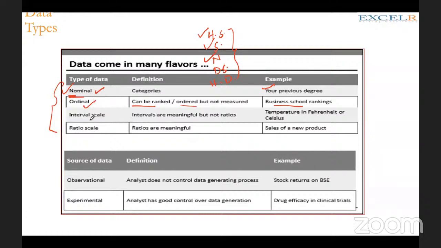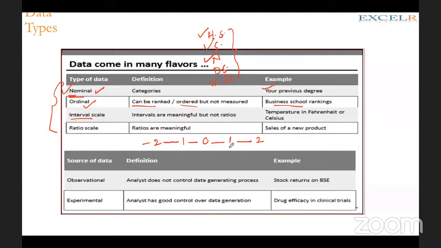Okay, right. Coming to interval scale. Interval scale is where the magnitude between any two intervals will be the same. For example, if I take the temperature, I have 0, 1, 2, -1, -2. If you see the interval between these, the severity between these different intervals will be the same.